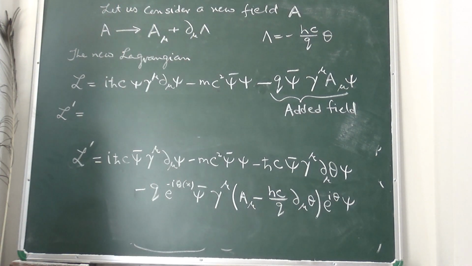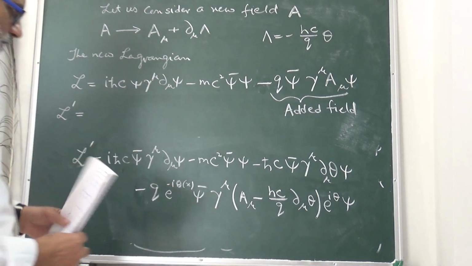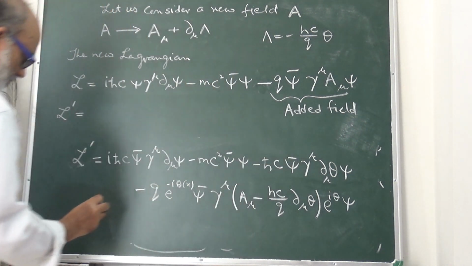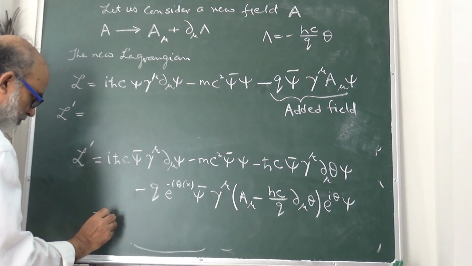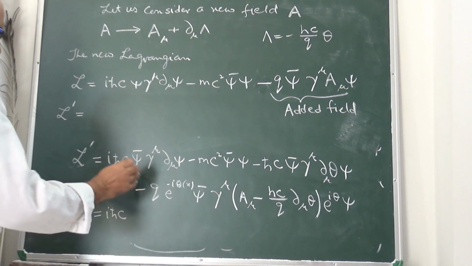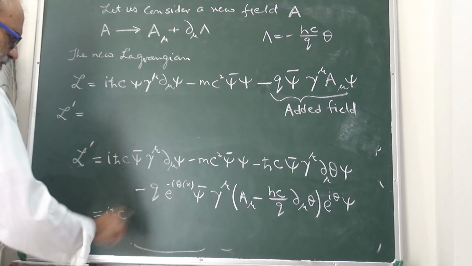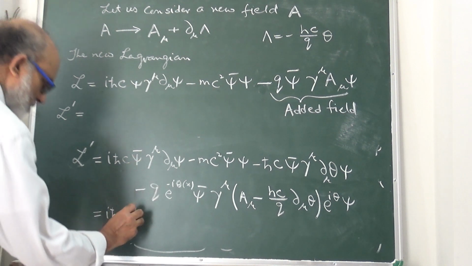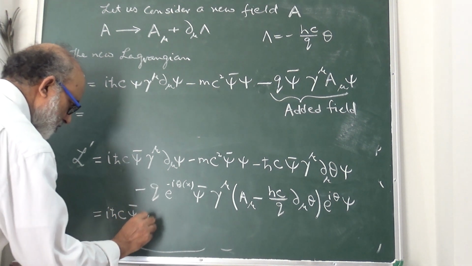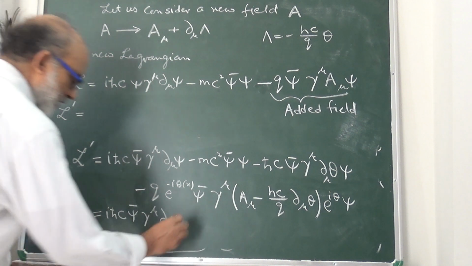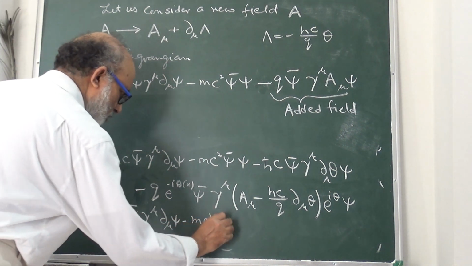If you open the bracket, you will see that this part cancels out. I will write it like i h cross c, minus mc square.